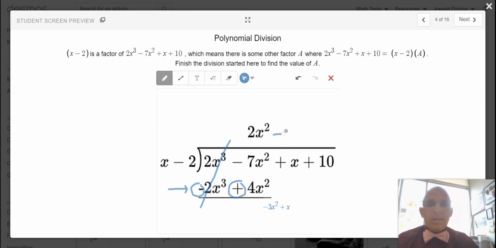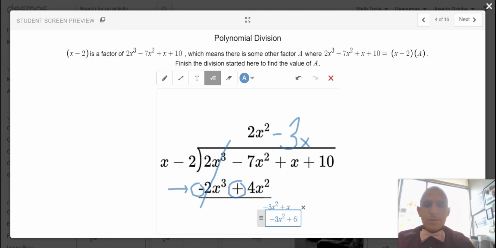That would indeed be minus 3x, which would give me minus 3x squared plus 6x.